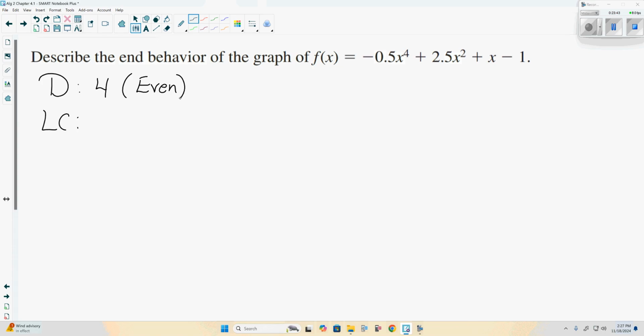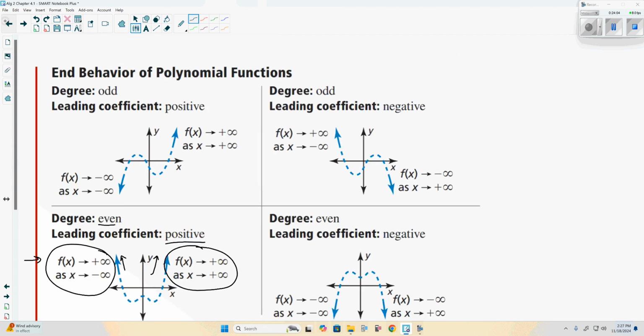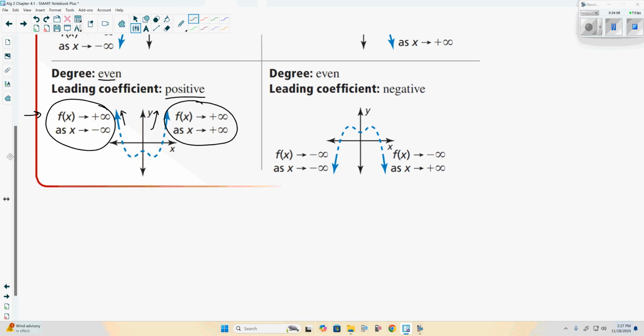Leading coefficient is negative 0.5, and the piece that we're grabbing from this is that it is negative. Because with end behavior, it's either odd or even, positive or negative. So it's even and negative.